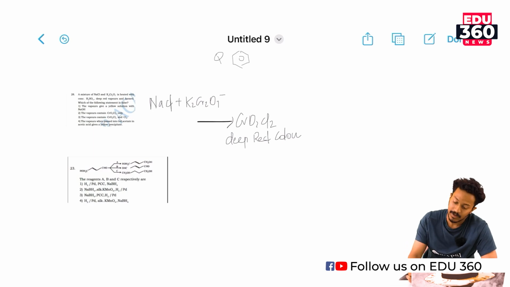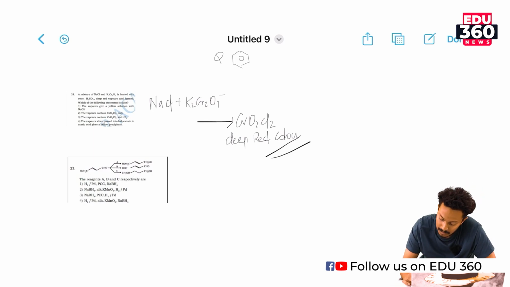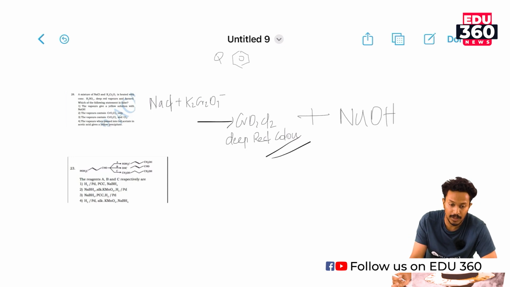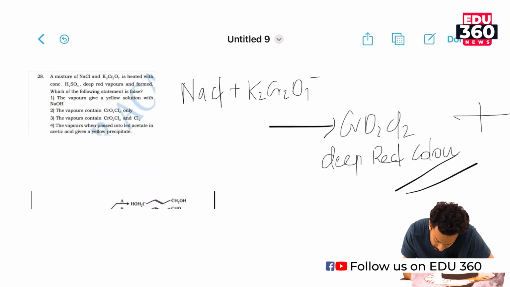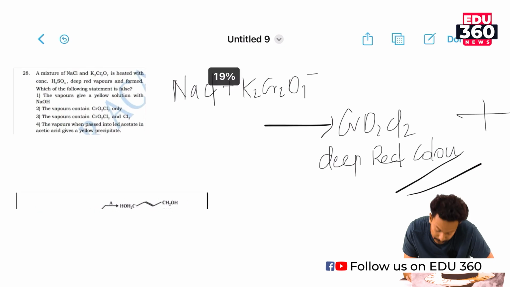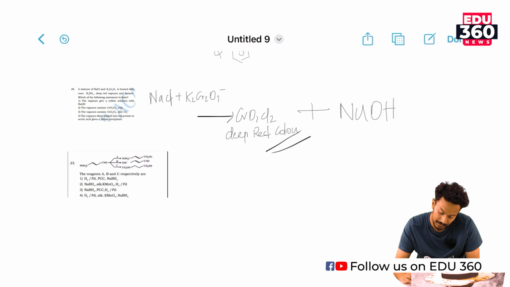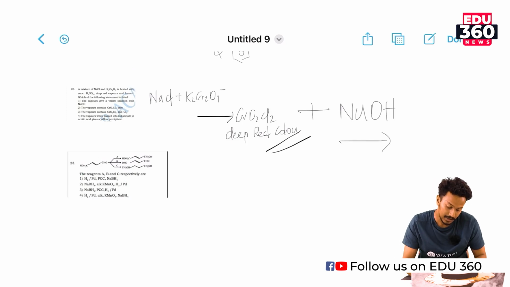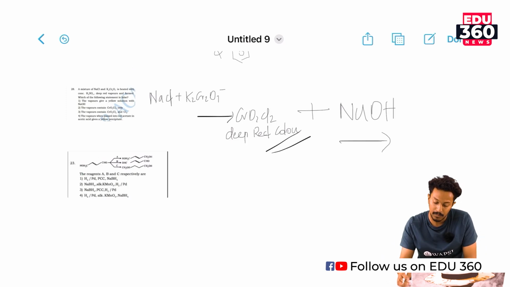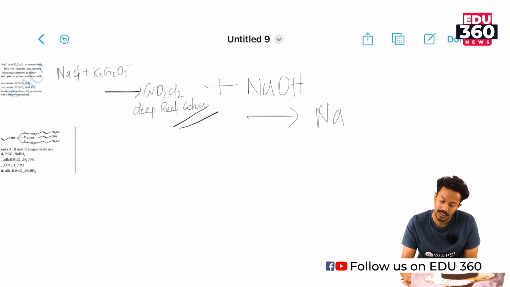When this is passed through NaOH, what happens? It gives a yellow solution with NaOH. That's true. When treated with NaOH, we get sodium chromate, Na2CrO4.